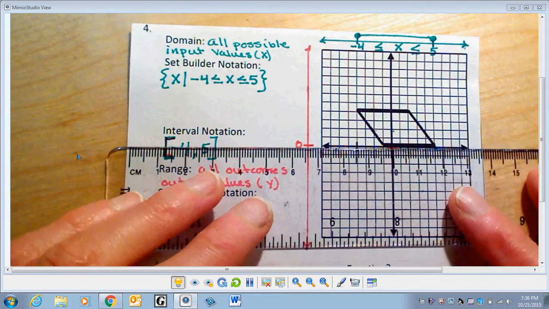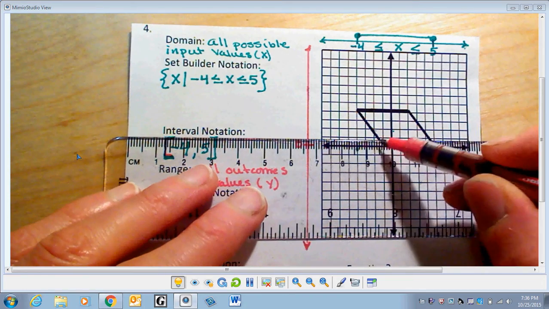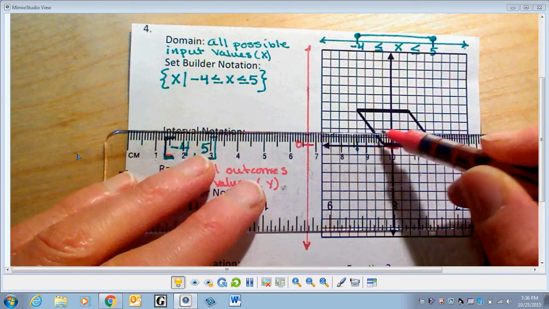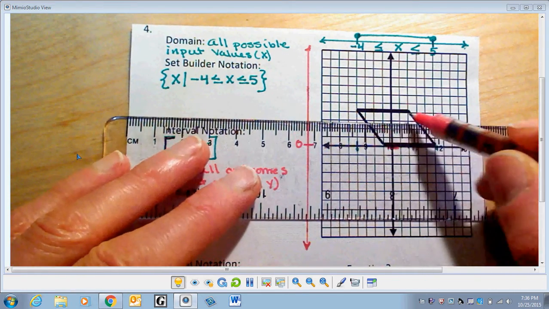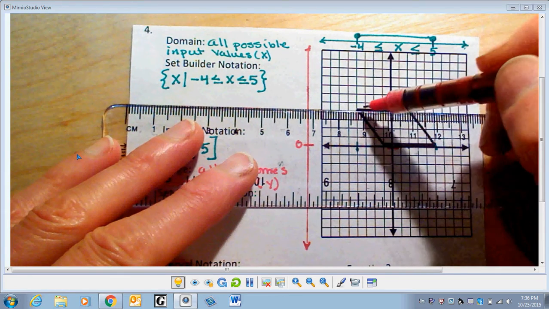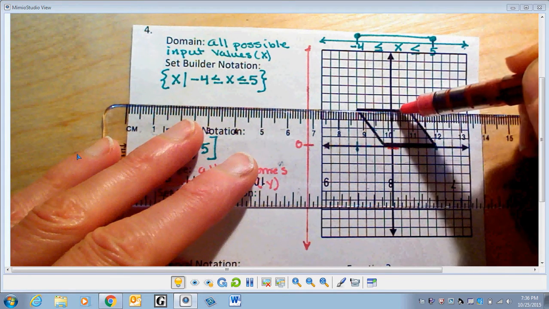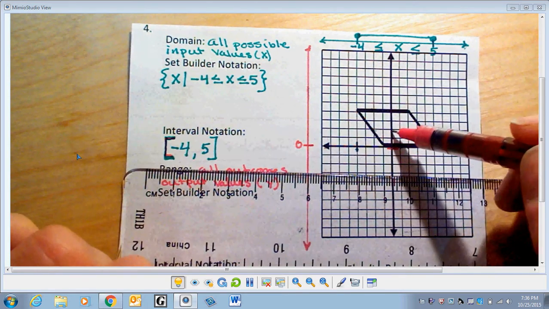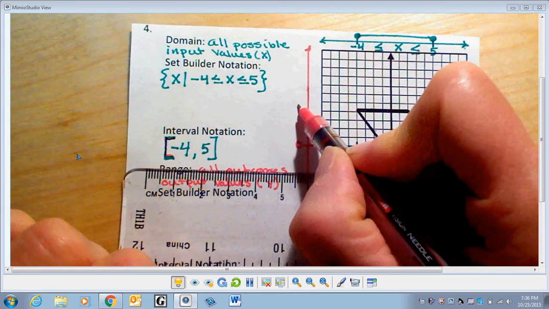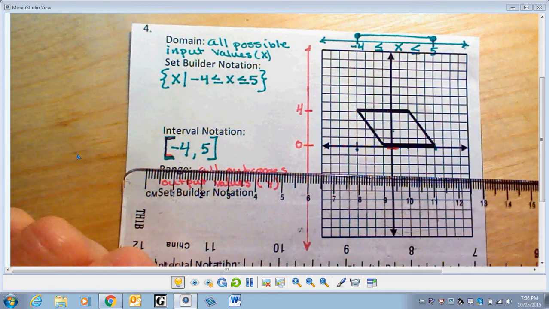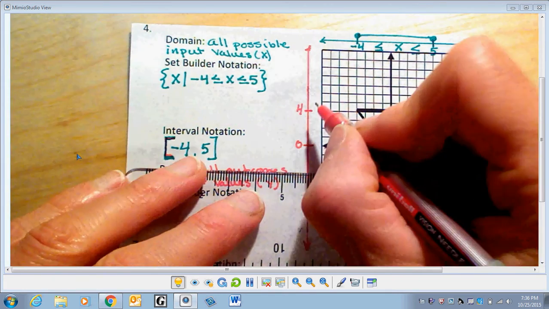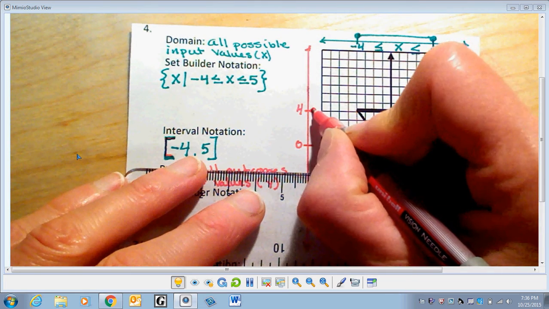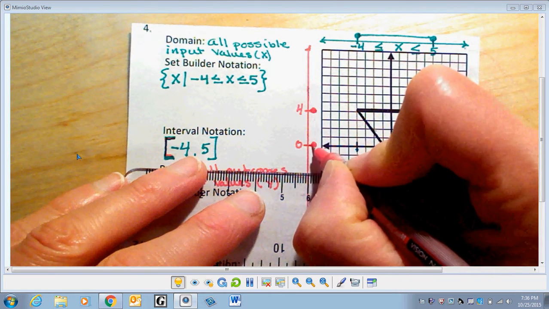And I keep touching the function, here and here, in two places. Every time here, I'm touching the function many places, but all these places only have one value of y. And that value of y, I believe, is 4. 1, 2, 3, 4. That value of y is 4. So that's the top, that's the bottom, it includes it.